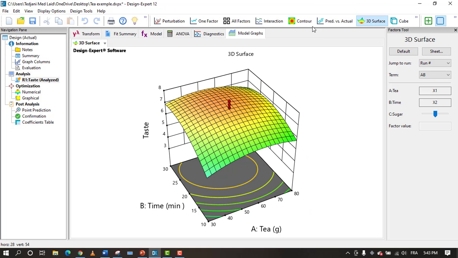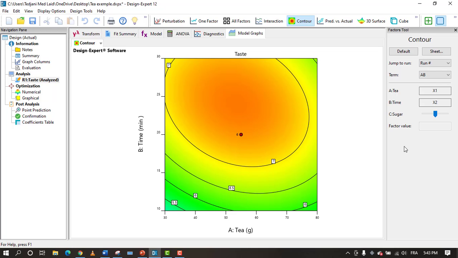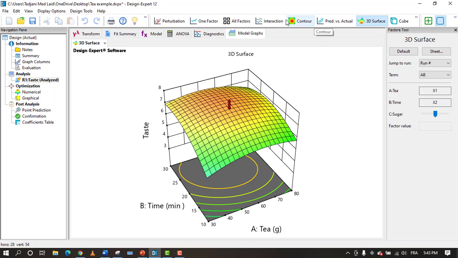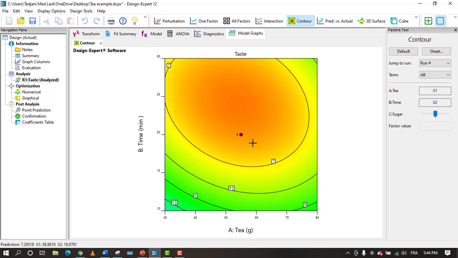Now let's go to the model graph. We can see it as contour plots or 3D surfaces. I usually like the contour plots. They show the effects in a great way, and you can explain them well.